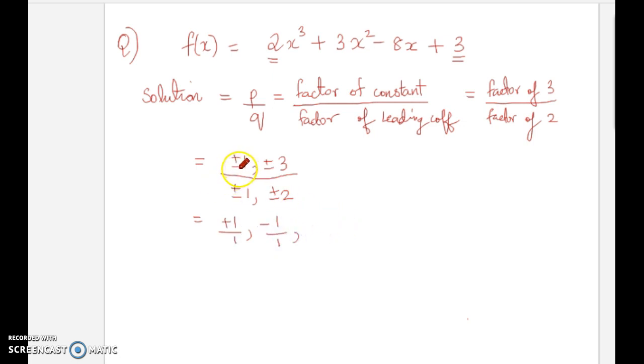Then with the 3, I can combine with positive 3 over 1, and I could have positive 3 over negative 1. I could have negative 3 over 1. I could have negative 3 over negative 1. We're just writing down all the different possibilities over here.